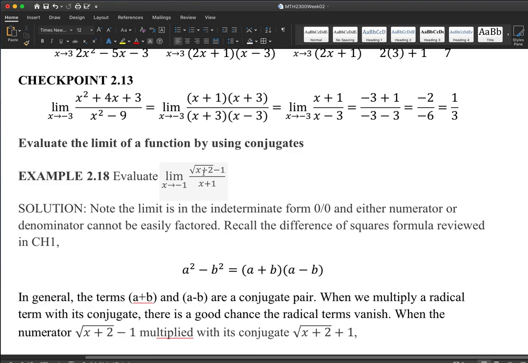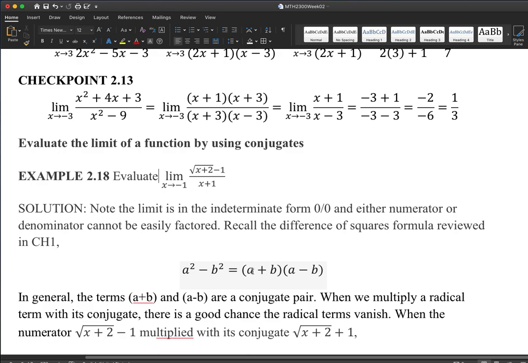you may want to know a mathematical concept called a conjugate pair. In general, if you have two terms, a plus b and a minus b, together they form a conjugate pair. We did review some algebra formulas in chapter 1.